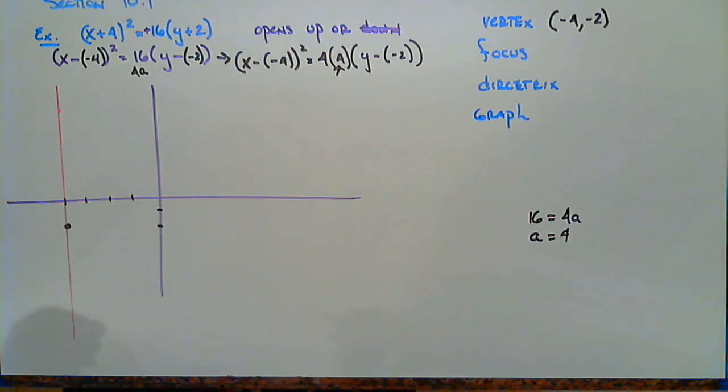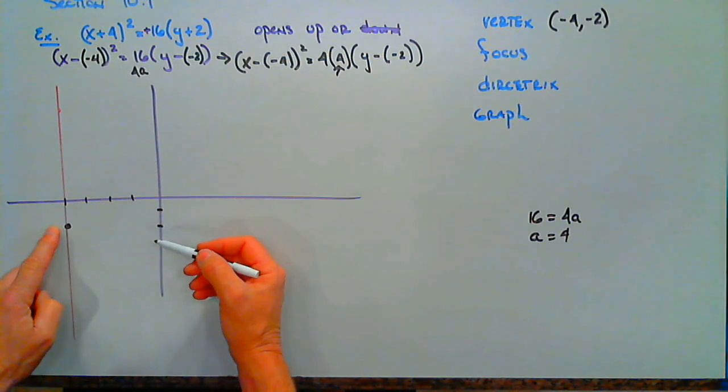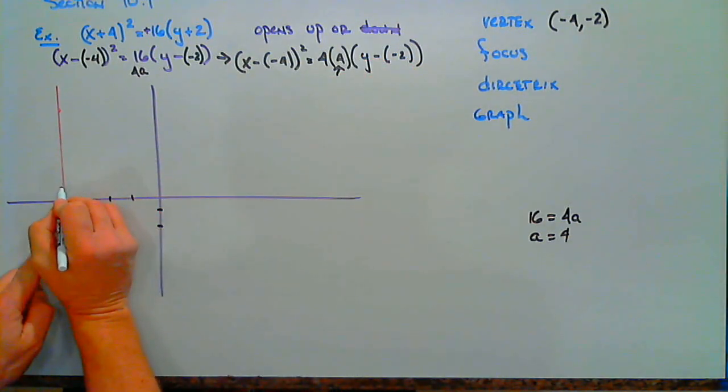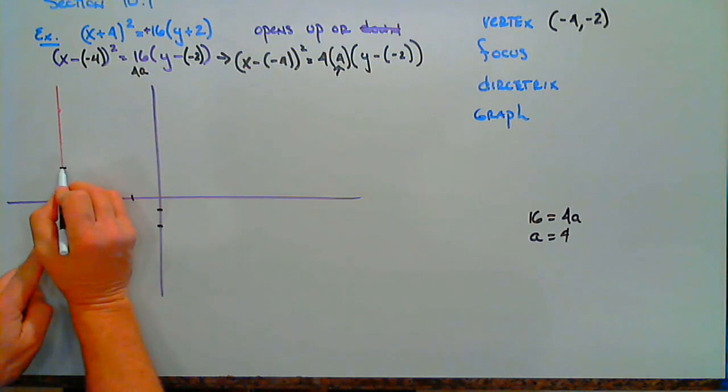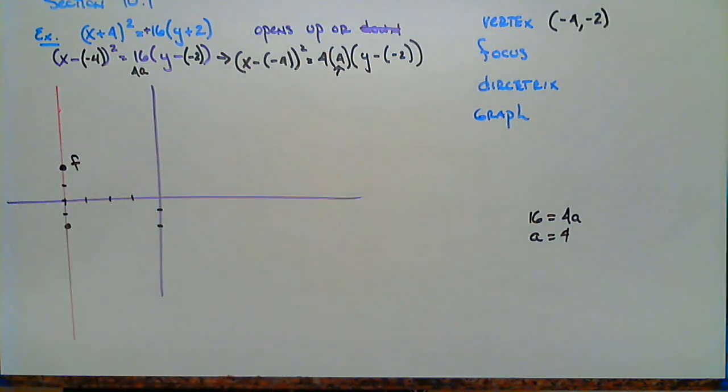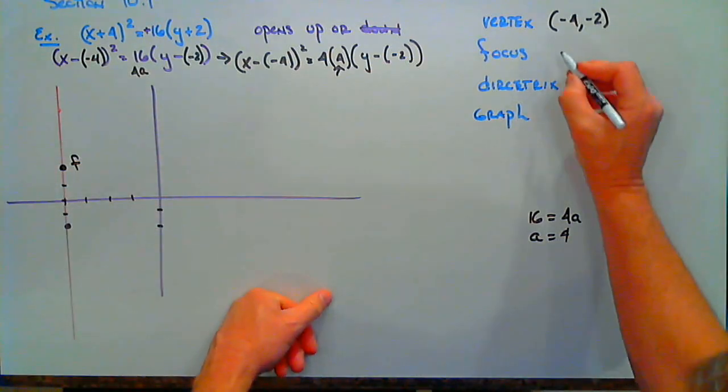Now, what does that mean? That means we can find the focus. We move from the vertex. We're opening up, so we go up 1, 2, 3, 4. So here's our focus right there. Now we want to label that. So what point is that? That's negative 4, 2.